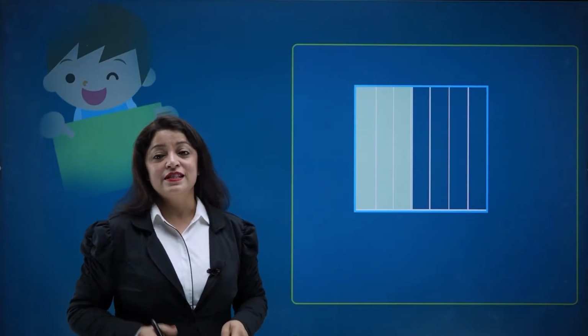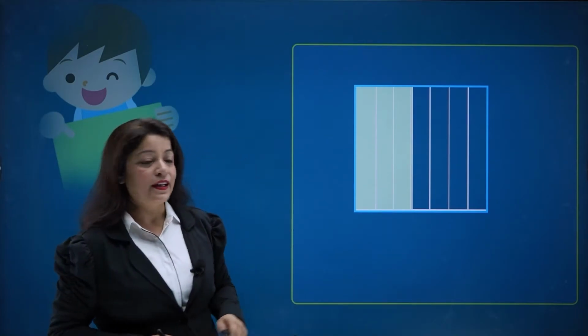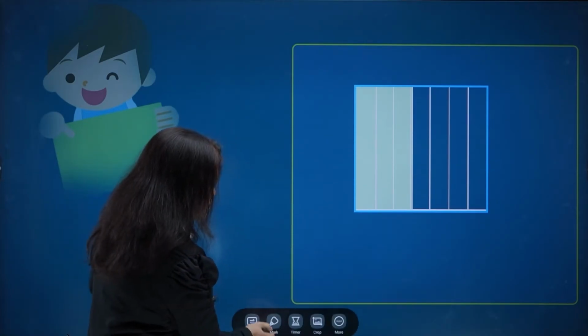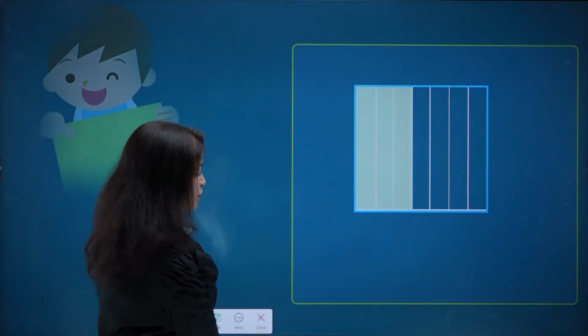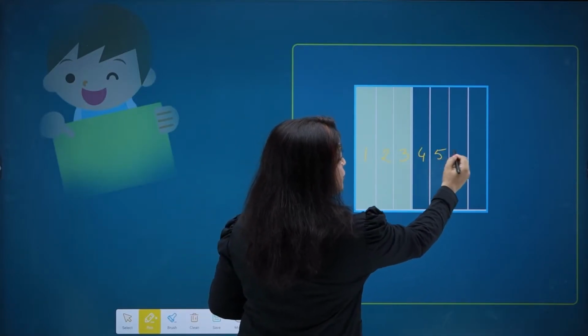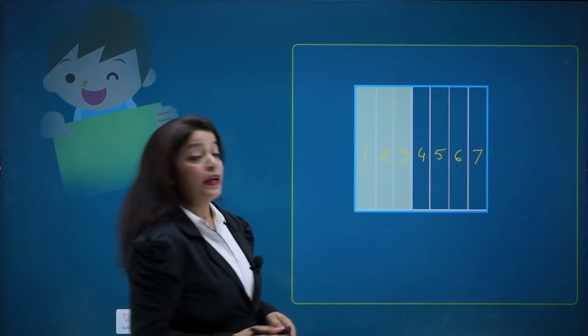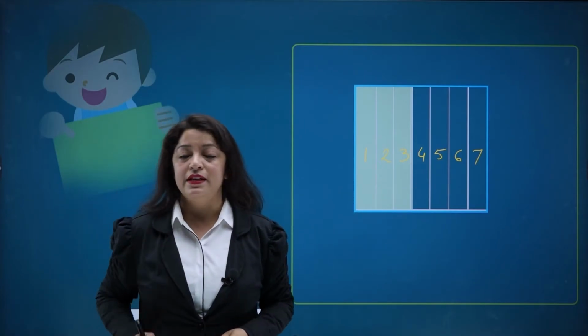To continue with it, let's see. You can see a square which is divided into strips. Just see how many strips it is divided into. If you start counting them, you find first, second, third, fourth, fifth, sixth and seventh. That means a whole thing is divided into 7 equal parts.